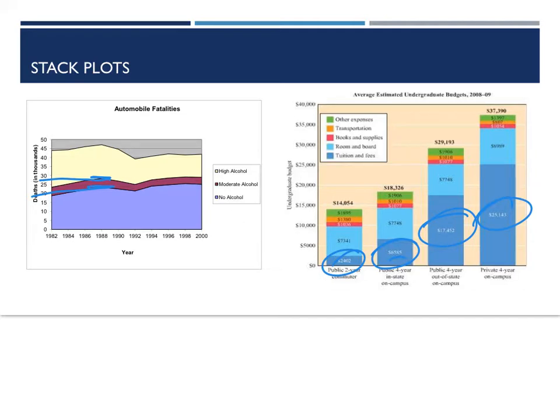If any of those other colors are growing, I'm not sure I'm interested enough to check the differences in the dollar amounts there to see if any of these little wedges are growing or not. So stack plots, you got to be careful. Sometimes it might be better to use a bunch of smaller graphs that are clearer in the point you're trying to make.